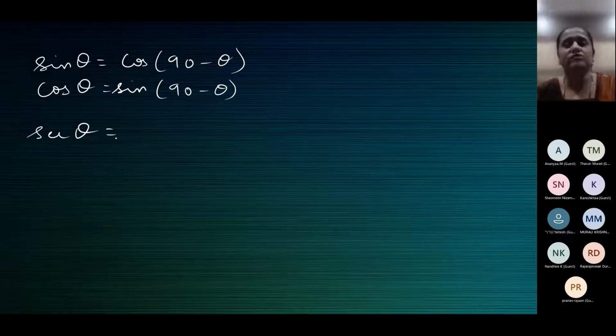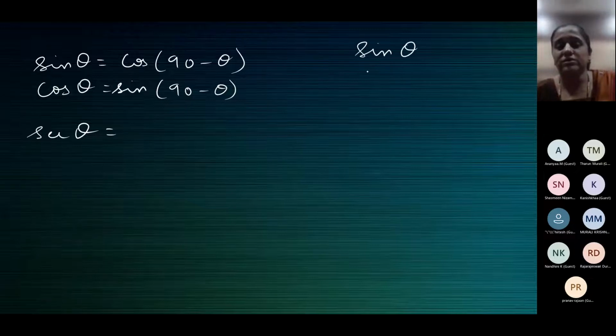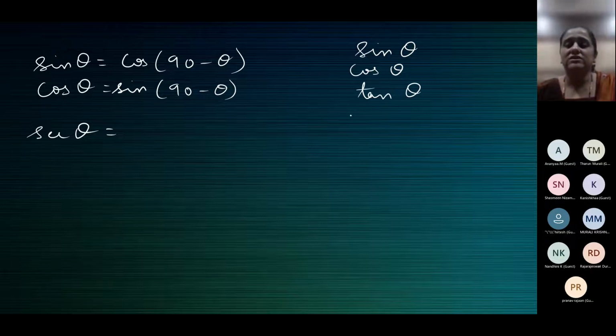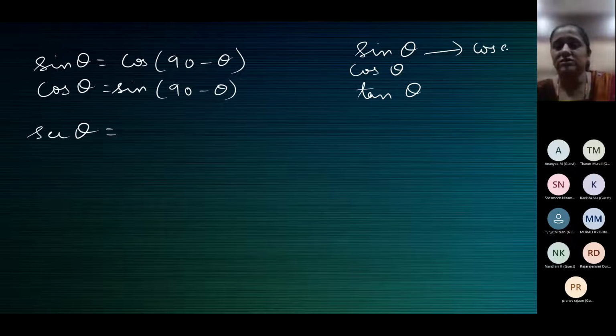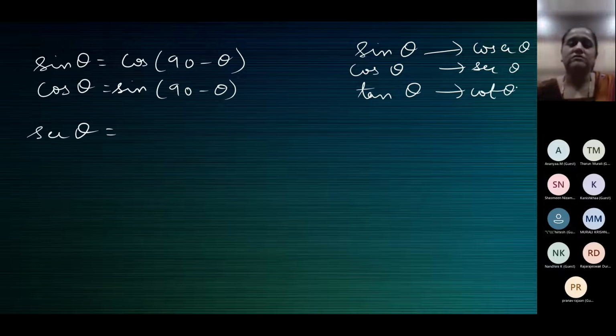These are the 6 important trigonometric ratios: sin theta, cos theta, tan theta, and their reciprocals: cosecant theta, secant theta, and cot theta. They're reciprocals. And these are trigonometric ratios of complementary angles.